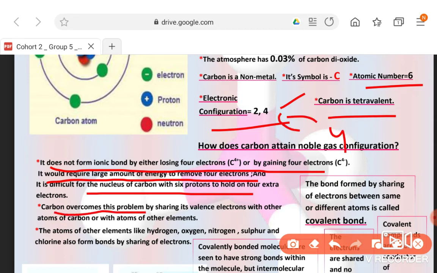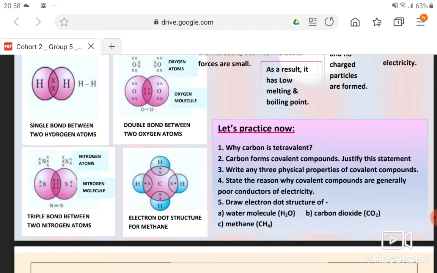So carbon overcomes this problem by sharing its 4 electrons with carbon or other elements, and thus the bond formed by sharing of electrons is a covalent bond. So carbon forms covalent bonds.